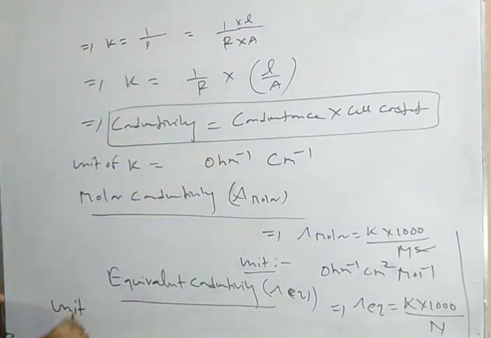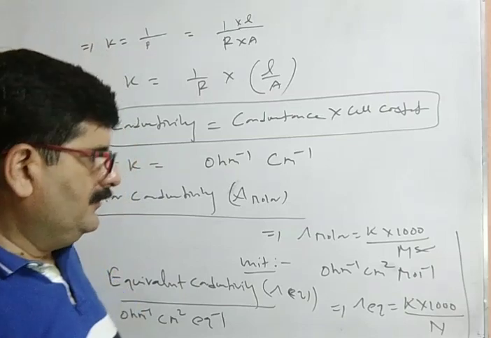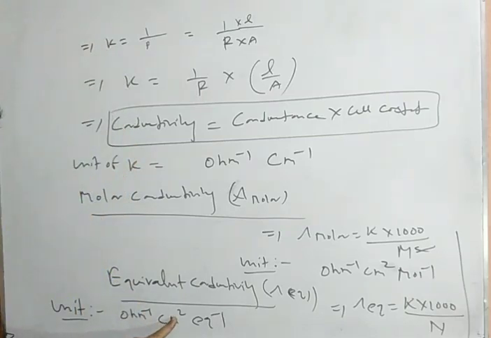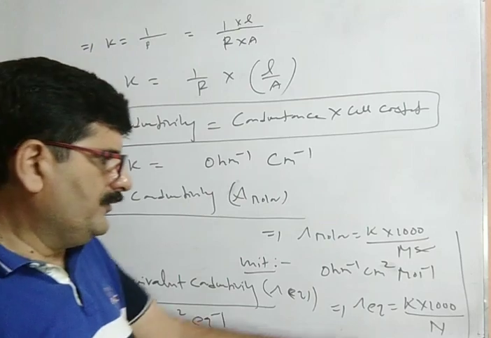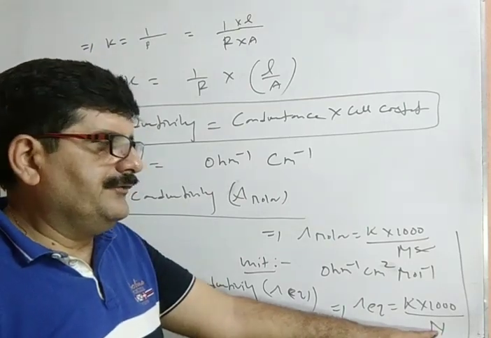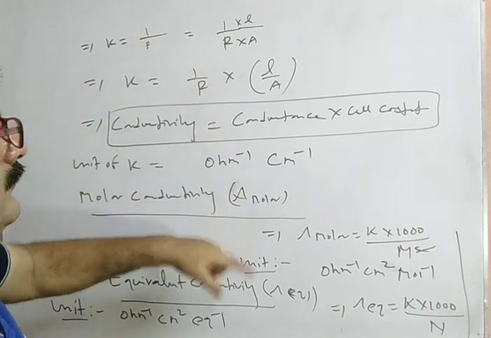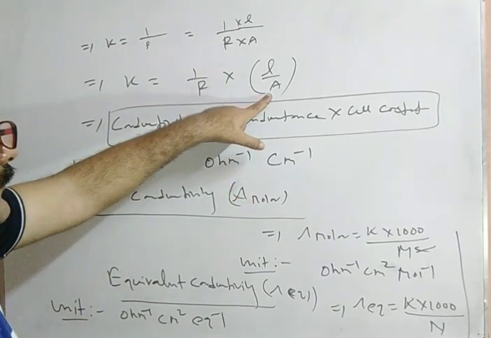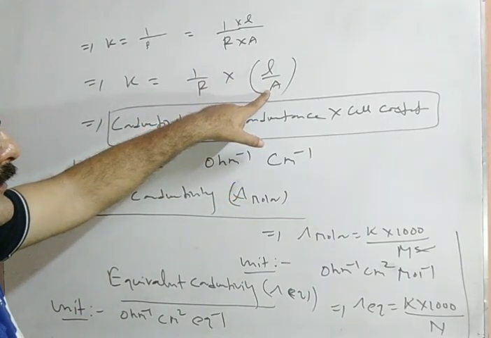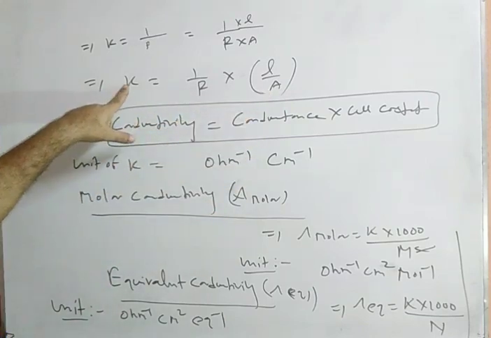Unit: ohm inverse centimeter square per equivalent. Ohm inverse is also known as Siemens. When the solution becomes diluted, again normality decreases and our equivalent conductivity increases, whereas conductivity decreases after dilution. Why? Because the volume of the solution increases when the solution becomes diluted. This increases, it means K decreases.